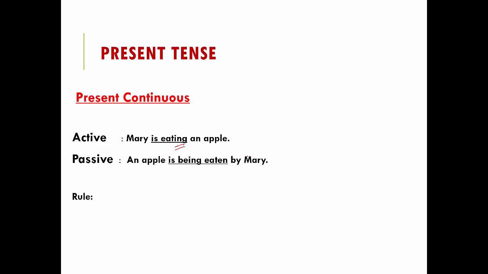The rule here is you have to use the helping verb is, are, or am. You have to add being to that, and to that you have to add the third form of the verb. Once again you see here is, are, or am plus being plus V3.